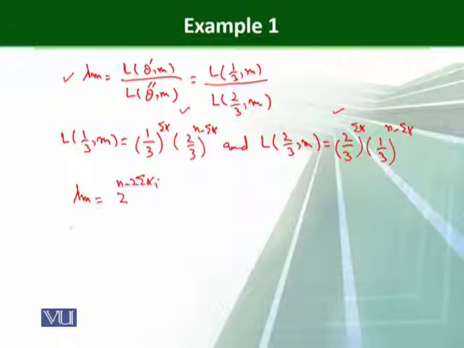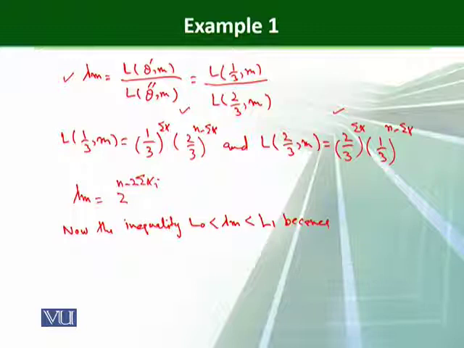Now the inequality, that is L naught less than lambda m less than L1, becomes L naught less than 2 raised to power n minus 2 sum x less than L1.